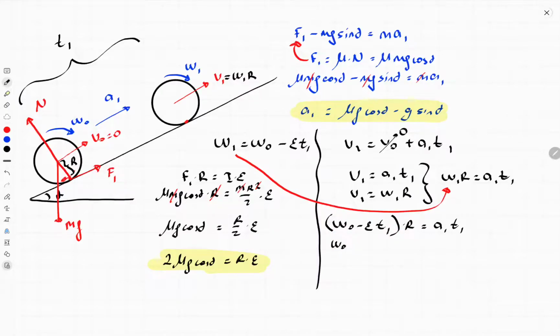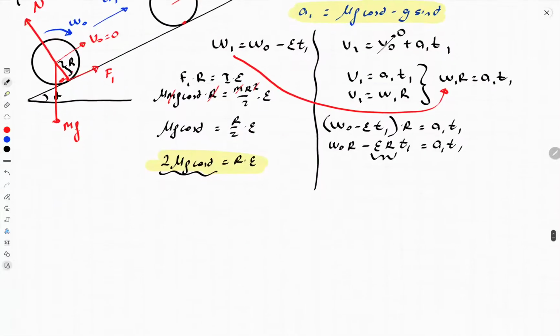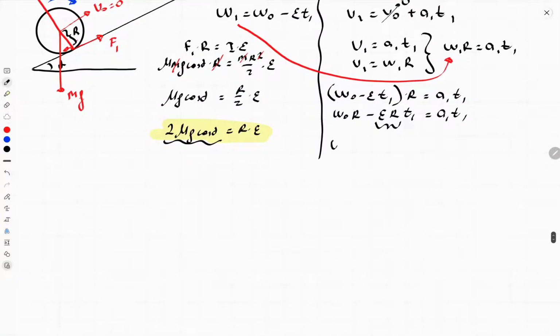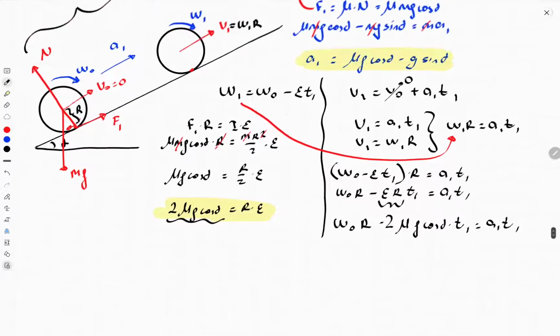So we have omega 0 r minus epsilon r t1 equal to a1 t1. This part equal to 2 mu g cosine alpha. So omega 0 r minus 2 mu g cosine alpha times t1 equal to a1 t1. So in this equation, we have only one unknown, t1.